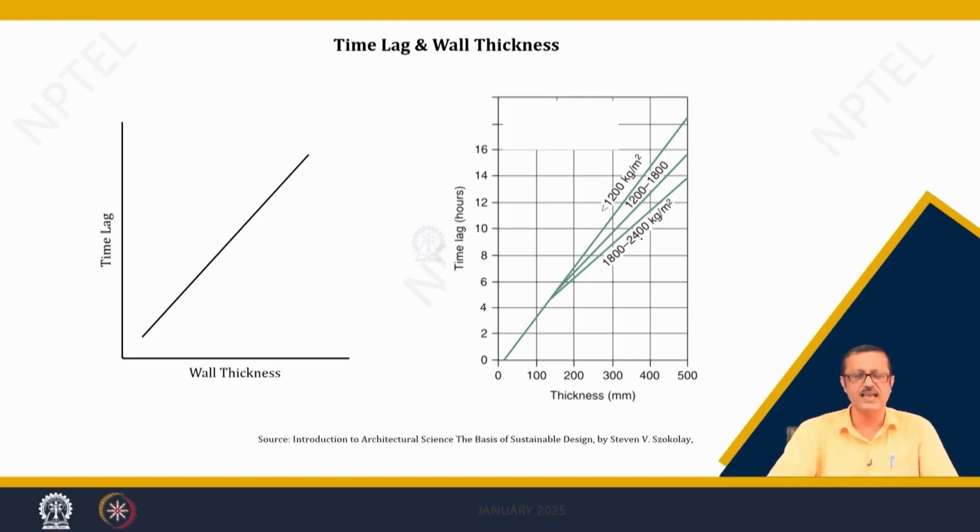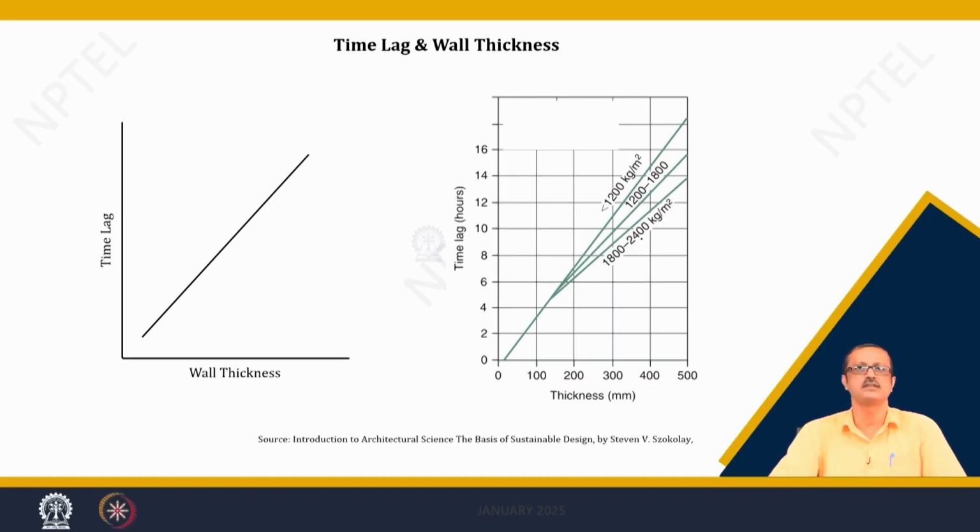If I look at the time lag, as the thickness increases, definitely the time lag will also increase, because it will take more time to penetrate the high thickness. The left hand side graph shows a positive straight line: wall thickness increases, roof thickness increases, and the time lag increases.